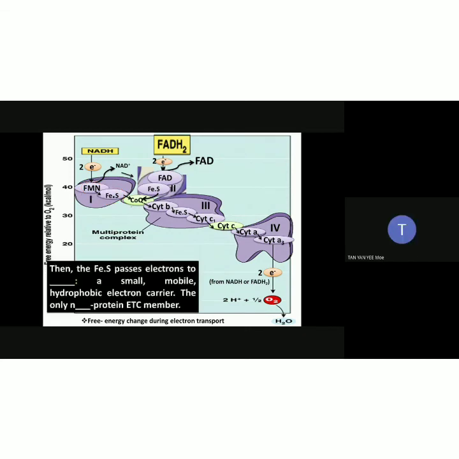Next, the iron sulfur center passes electrons to coenzyme Q.